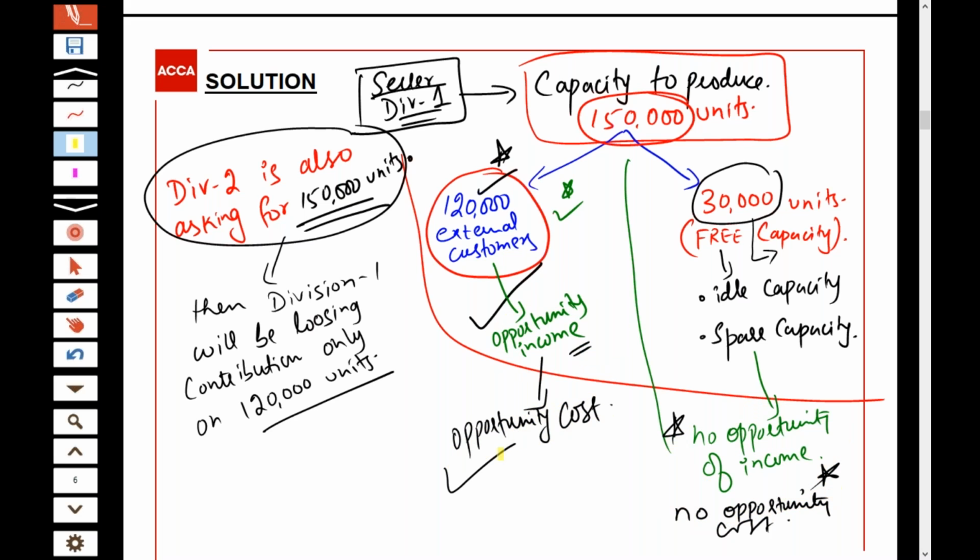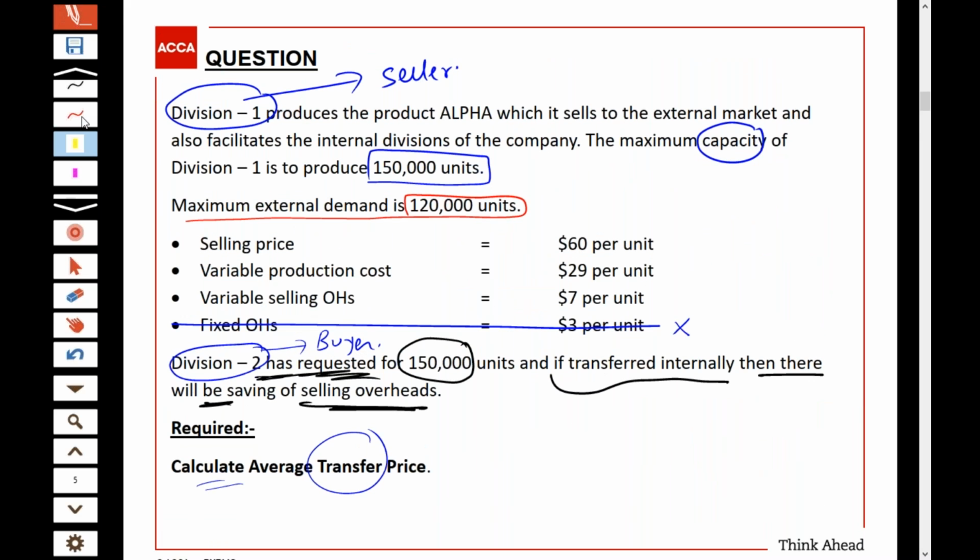Now I need to go back to the question once again. What is the contribution? It is calculated as selling price minus variable cost. Selling price is 60 minus variable cost 29 and 7.